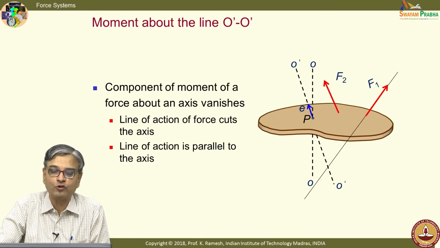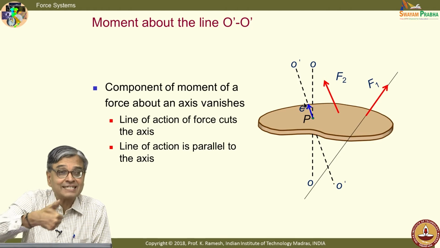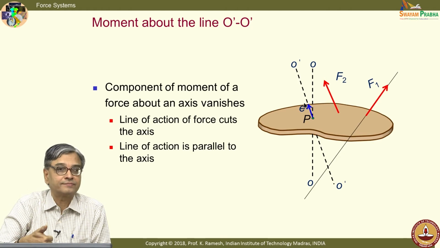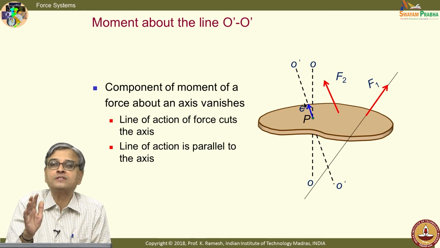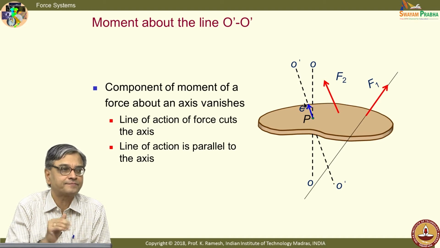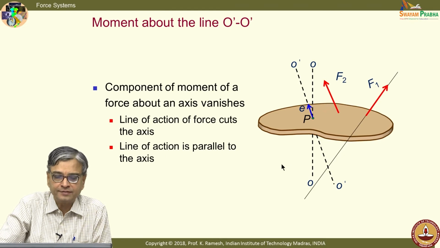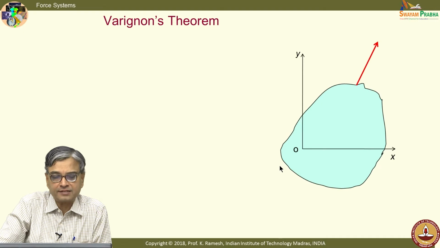Suppose I have a force F2 which is parallel to this, the component of moment along that axis will be 0. It would help you to simplify complex problems if you understand this property. It is again a useful property that you can employ whenever the need arises.